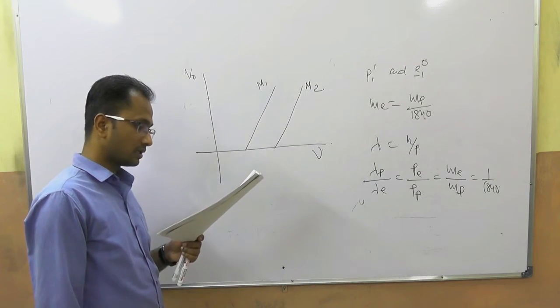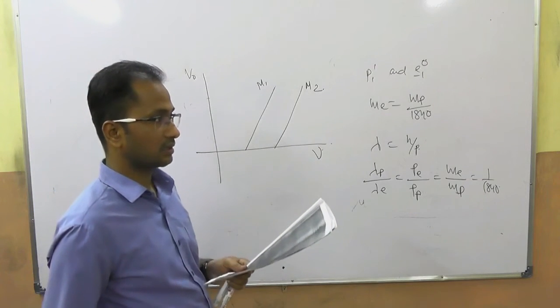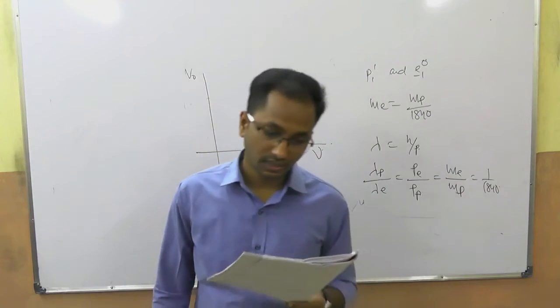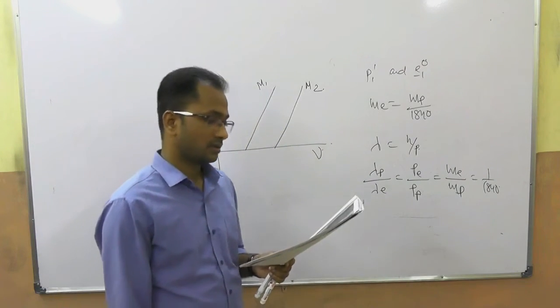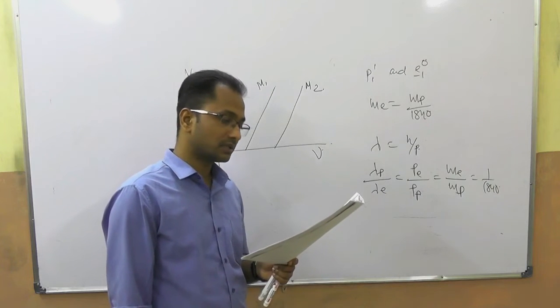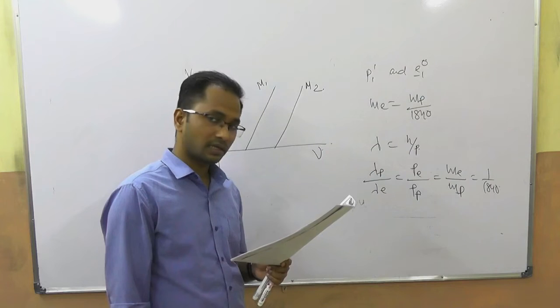Question 19. Differentiate between conduction current and displacement current. Conduction current is due to the motion of electrons, but displacement current is due to the rate of change of electric flux.